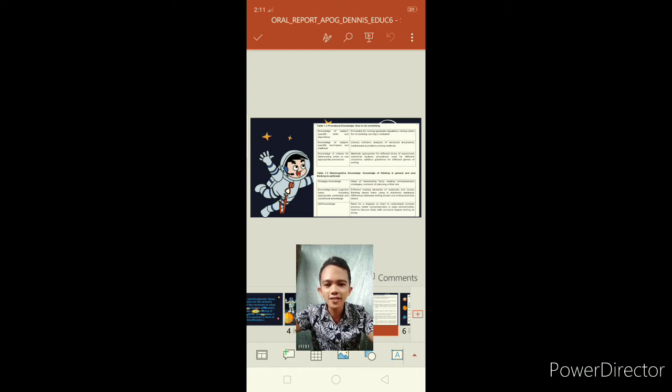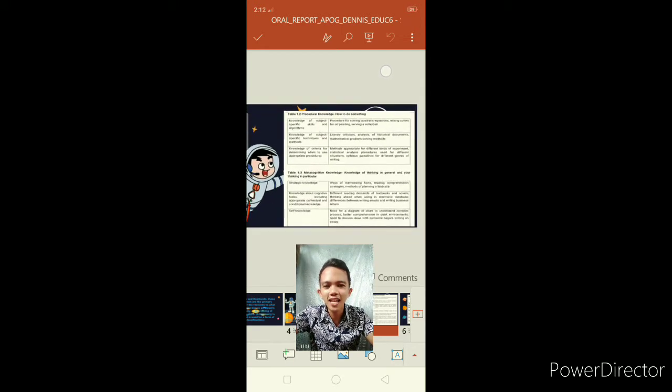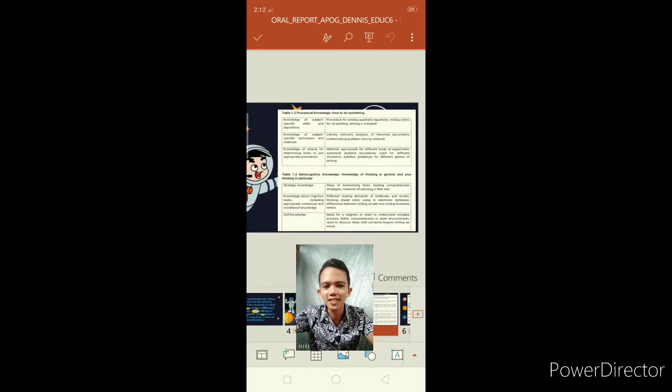These are ways of memorizing facts, reading comprehension strategies, and methods of planning a website. Another one is knowledge about cognitive tasks, including appropriate contextual and conditional knowledge.